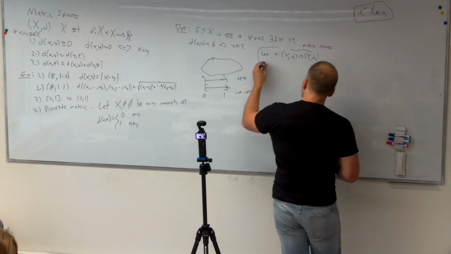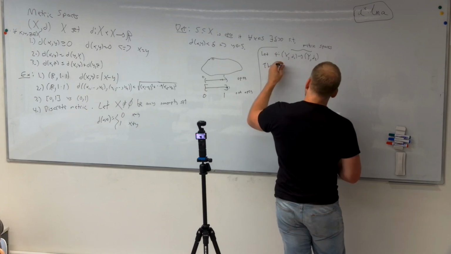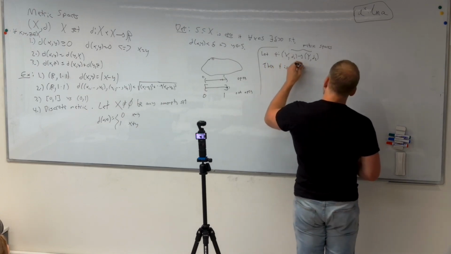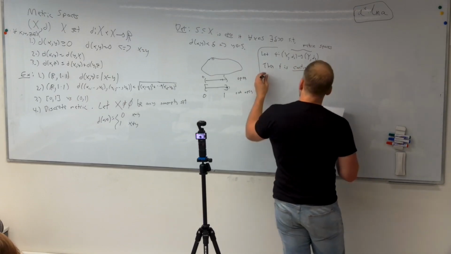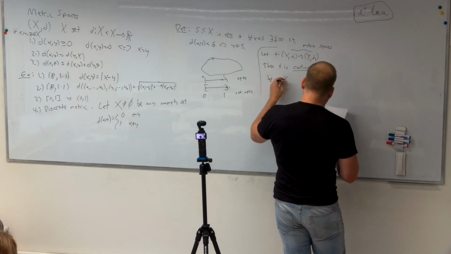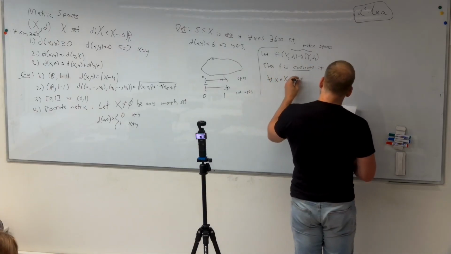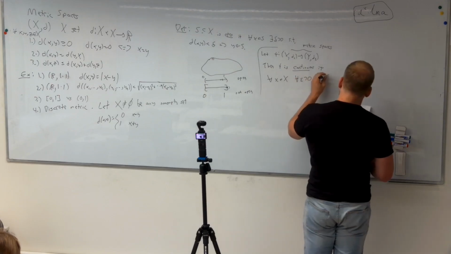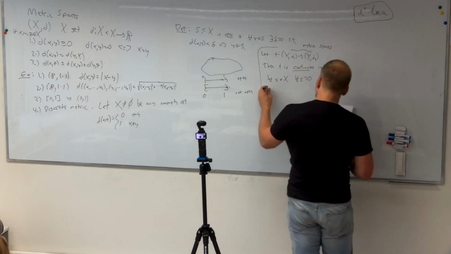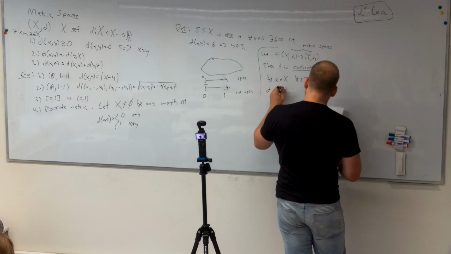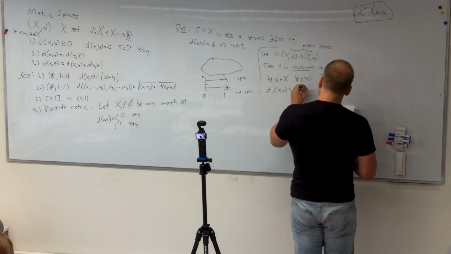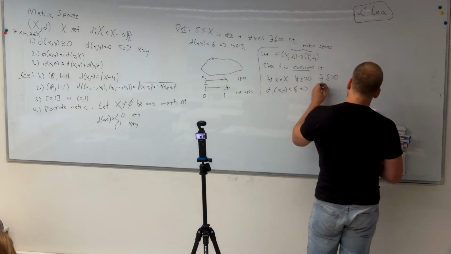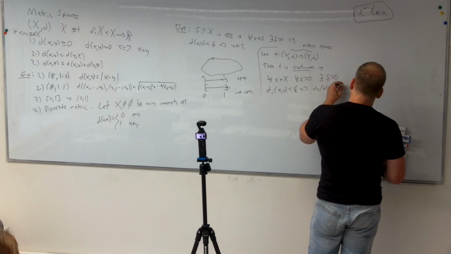Then we say f is continuous if for all x in X and for all epsilon greater than 0, there exists a delta greater than 0 where d1 of x, y less than delta implies that d2 of f of x, f of y is less than epsilon.